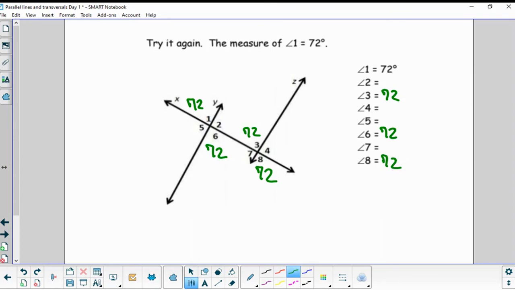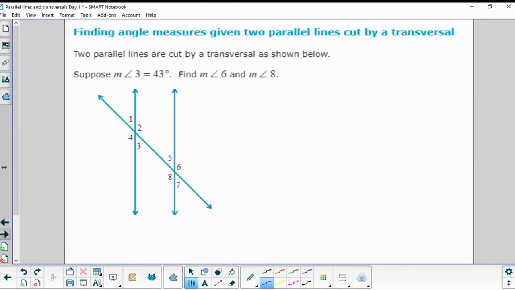To find the other 4 angles, we just need to subtract 72 degrees from 180 degrees. And we end up with 108 degrees. So all of the other angles are obtuse angles of 108 degrees. I hope you're seeing the power of these diagrams and being able to look at angle relationships.